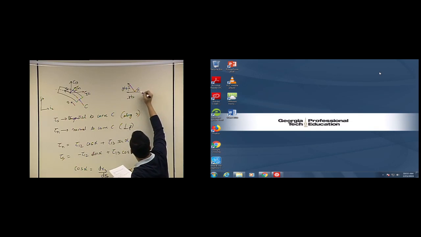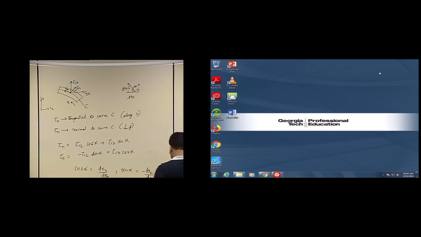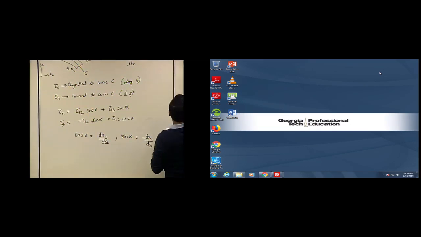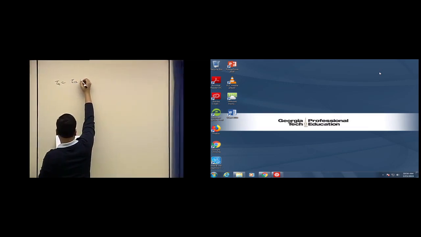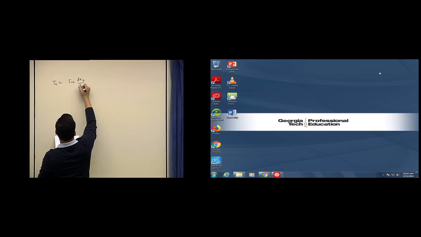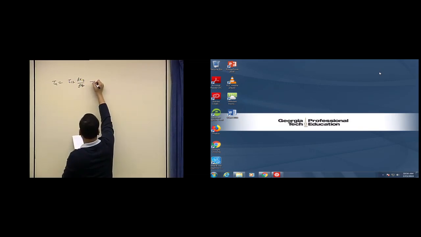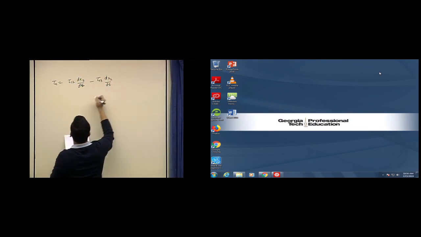So this is 90 minus alpha, and you can calculate cosine alpha and sine alpha from there. So we have tau n is equal to tau 1 2 dx3 over ds minus tau 1 3 dx2 over ds.